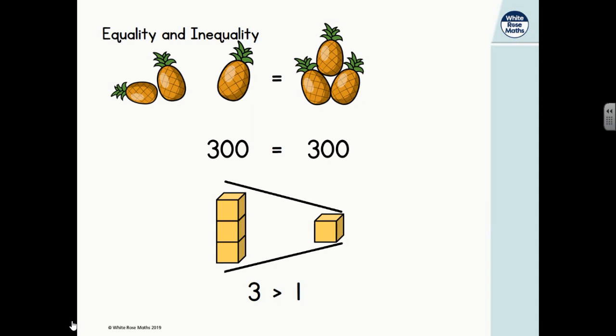That's not the only solution to that question, though. 3 is greater than something, because 3 is greater than 0, and 3 is greater than 1, and 3 is greater than 2. But 3 isn't greater than 3, is it? 3 is equal to 3.